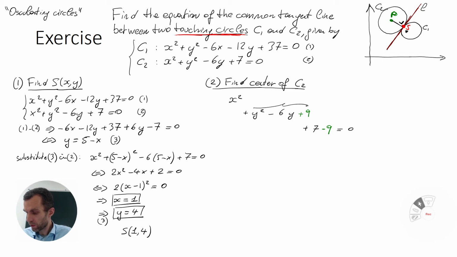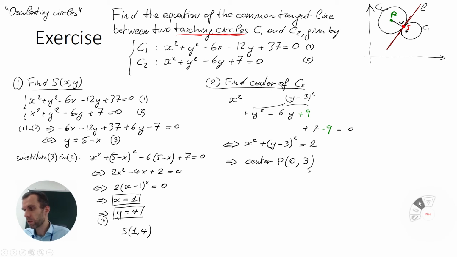And then this expression becomes y minus 3 squared. And so we get that x squared plus y minus 3 squared is equal to 2. And from that we get that the center P has coordinates 0 and 3.